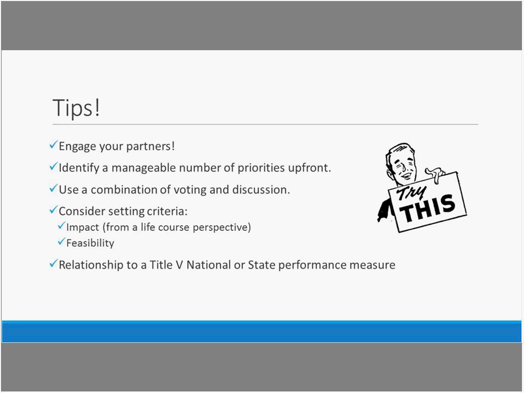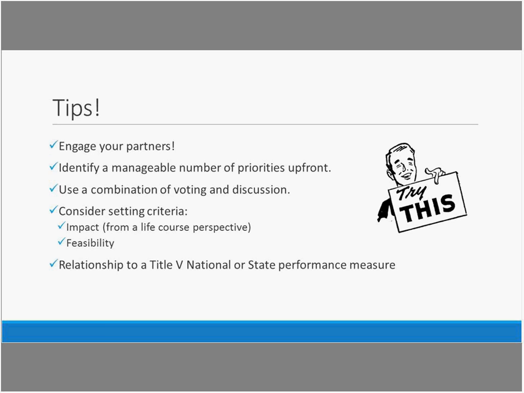So that discussion piece is really important to build somewhere into the process versus only sticking to voting. The voting is also really important, though, because it gives everyone a chance to communicate what they think are priorities, even if they're not willing to speak up in a group. You could consider setting criteria for prioritization.